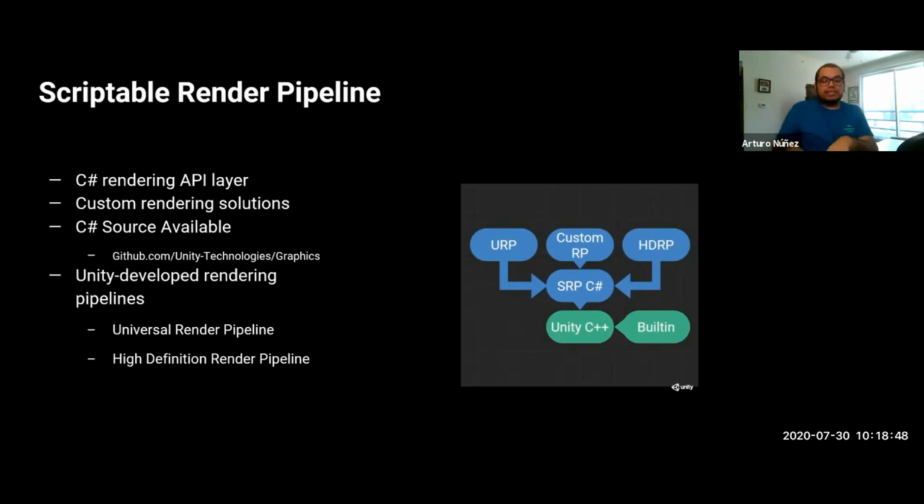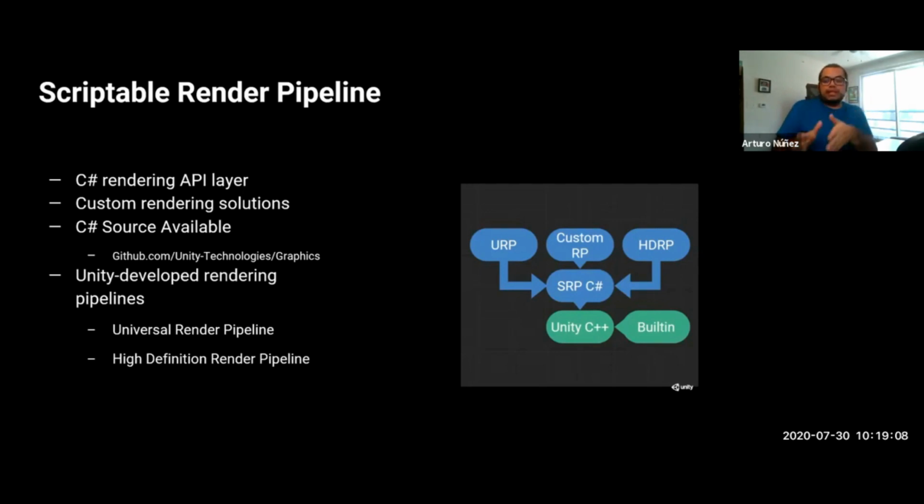I'm saying this because it takes a lot of work to create your own custom render pipeline. However, that's a possibility, and it's great. If you end up using the universal render pipeline or the high definition render pipeline, you can still extend those render pipelines, and we're going to talk about how to extend them.